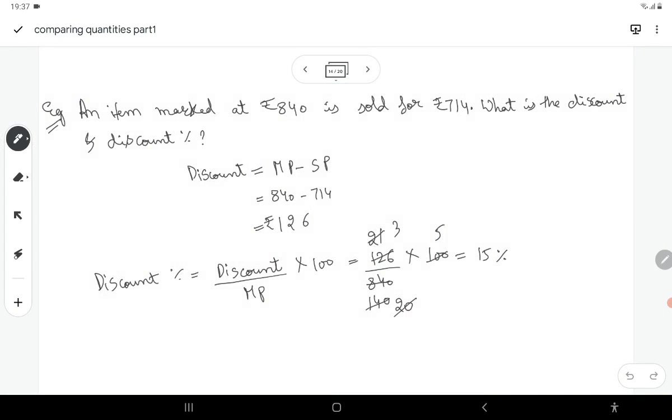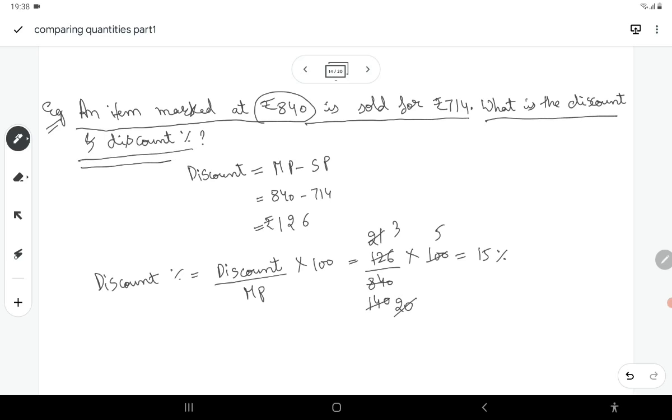Let's see an example based upon this. It says an item marked at rupees 840 is sold for 714. What is the discount and discount percentage? So the discount formula I have already shown you is marked price minus selling price, which would be 840 minus 714, which would give us finally rupees 126.